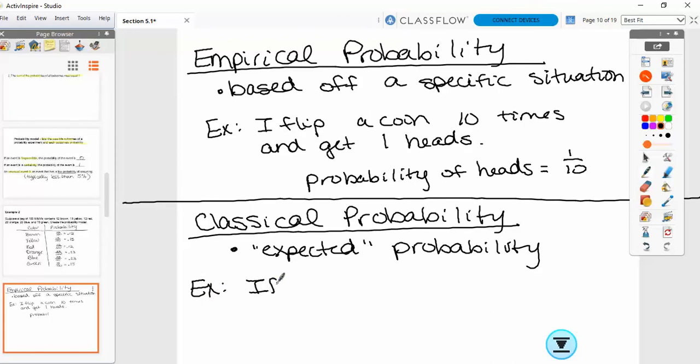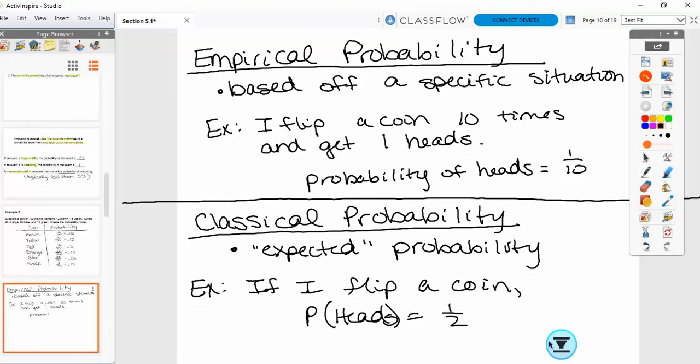So my example, if I flip a coin, shorthand for probability, we can put P and then whatever outcome. So the probability of getting heads when you flip the coin would be what? 0.5 or 1/2. So you notice these were not the same. Empirical is what actually did happen. Classical is what I would expect to happen.